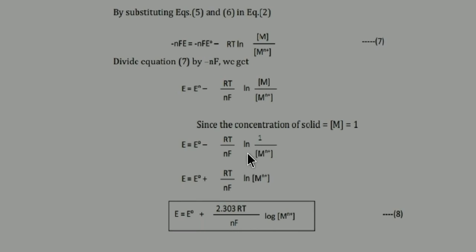This Mn+, which is coming to the numerator, has power minus 1, so that minus 1 power and this minus give a positive term.